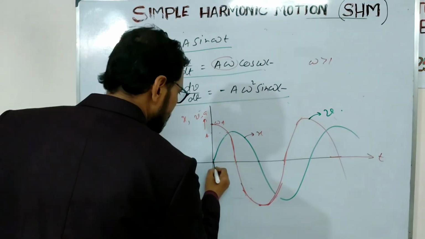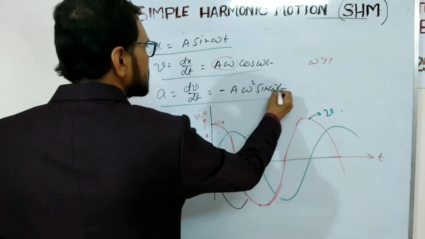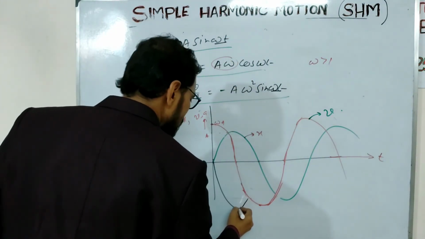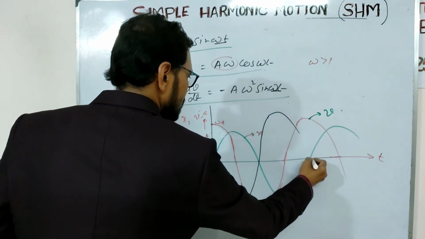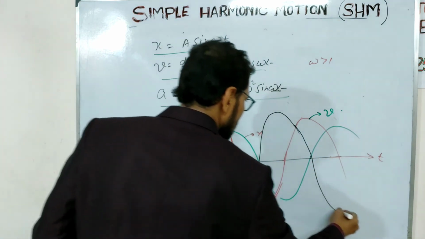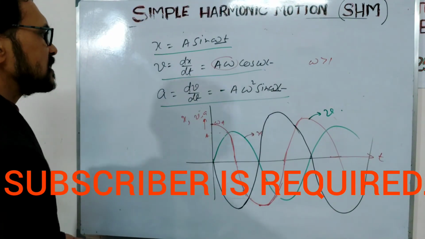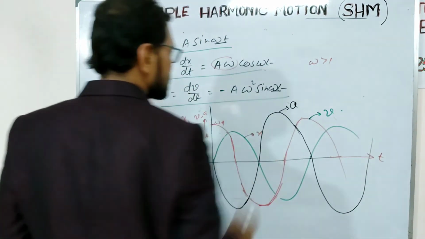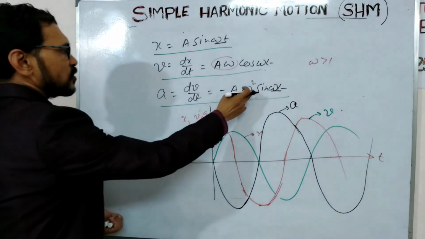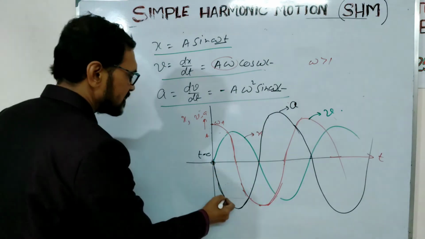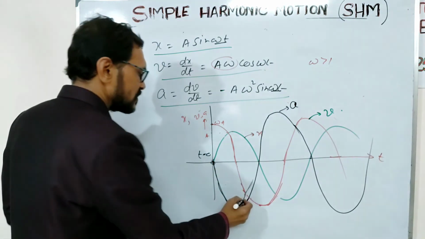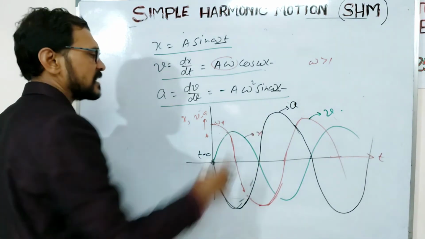The period is the same. Because acceleration is minus sin omega t, it starts from here, and this is a sinusoidal graph. The period will be the same. So this is the acceleration graph.